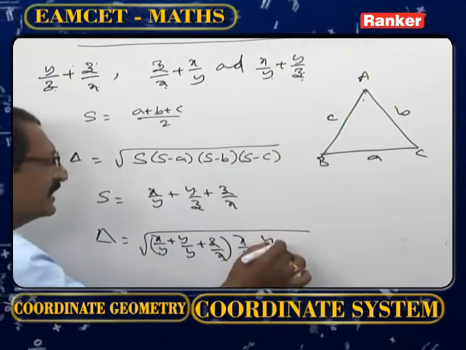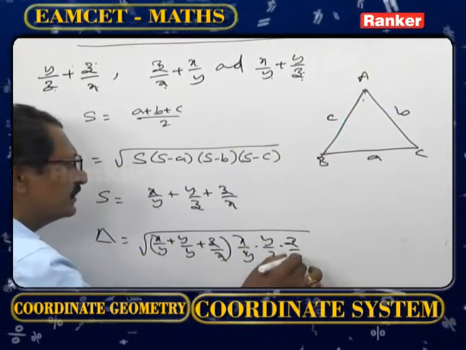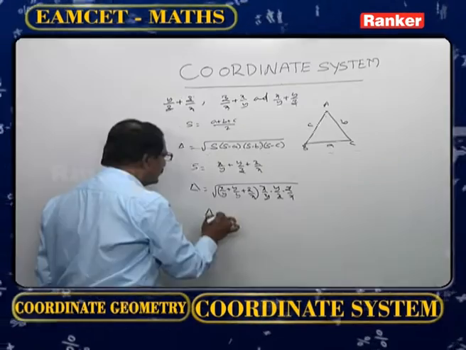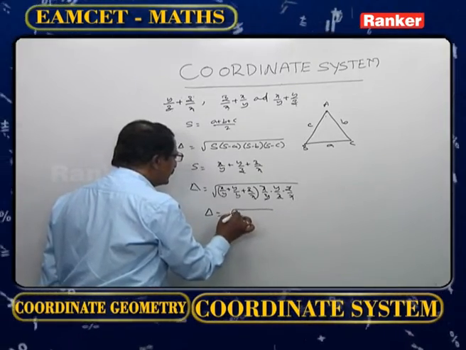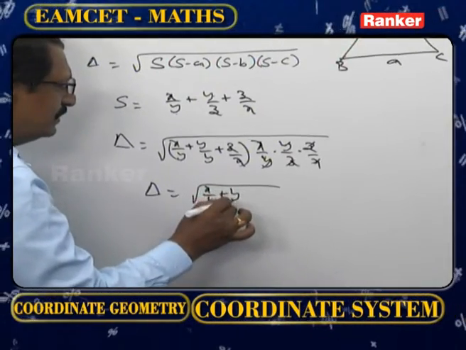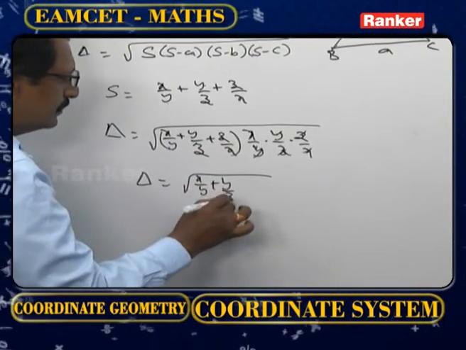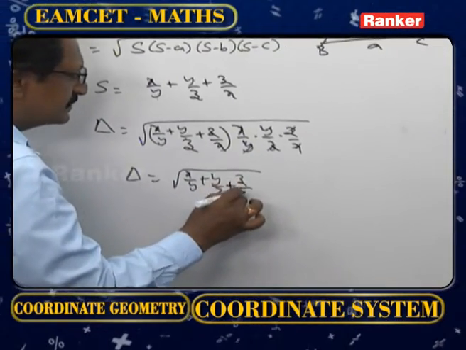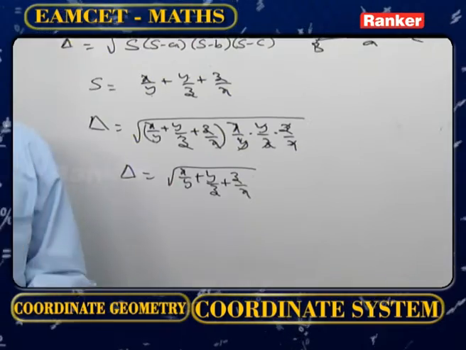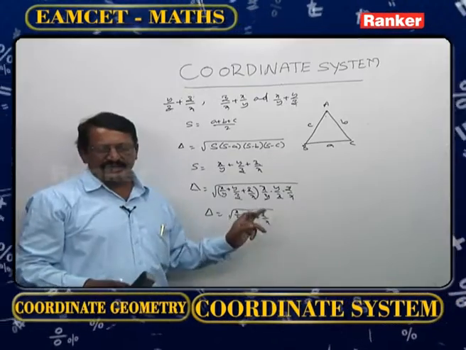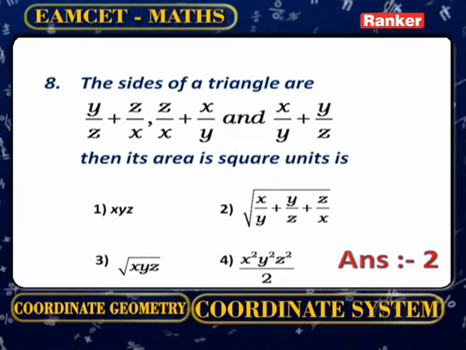Similarly, S minus c equals z by x. Now x cancels, y cancels, z cancels. So the area of the triangle equals square root of x by y plus y by z plus z by x. It is nothing but the second option.